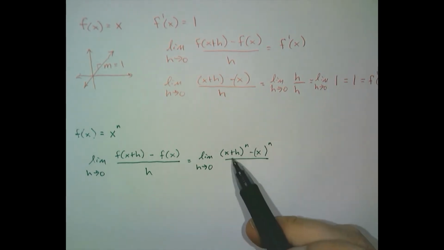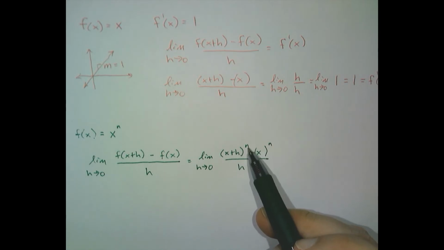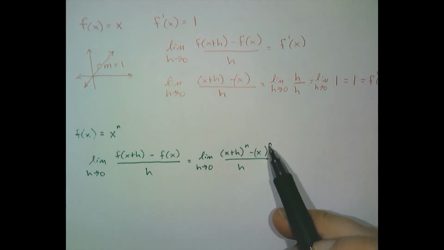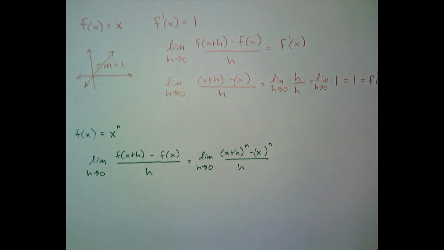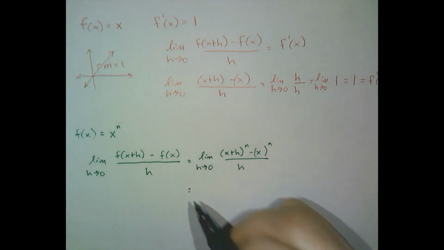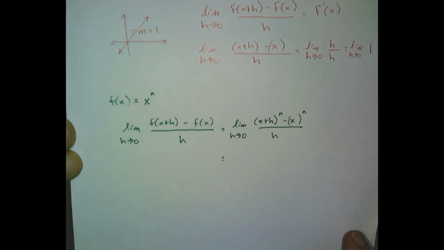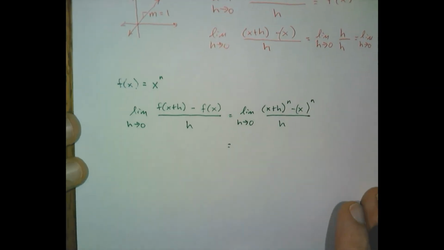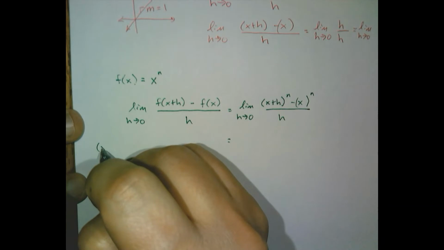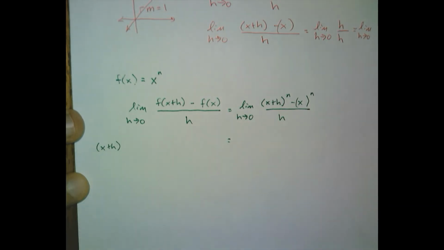So here's our f of x plus h, so the variable to the nth power, minus f of x, the variable to the nth power, over h. And as a sidebar, I want to show you a couple quick expansions. I'm going to write them out here off camera and then discuss it. So here, I'll pause this right now.